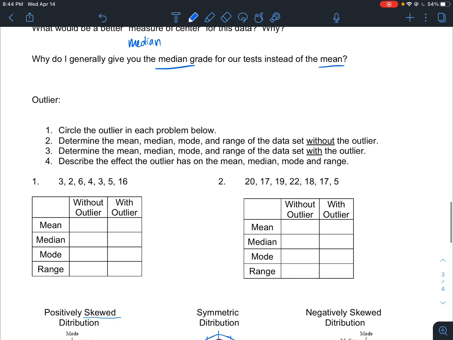Okay, so an outlier. When I ask for an outlier, it's like I just described. It's something that pulls the data away. An outlier is an observation.